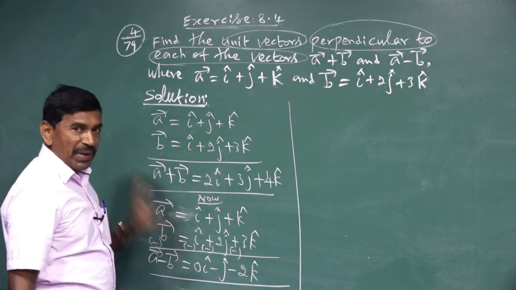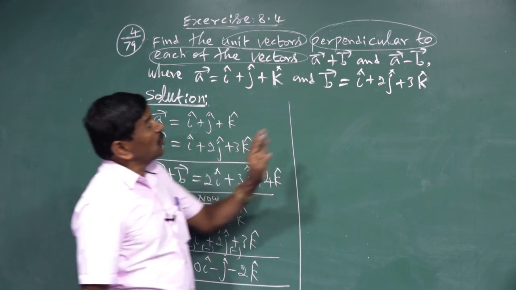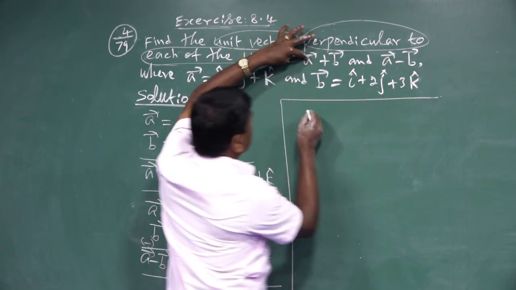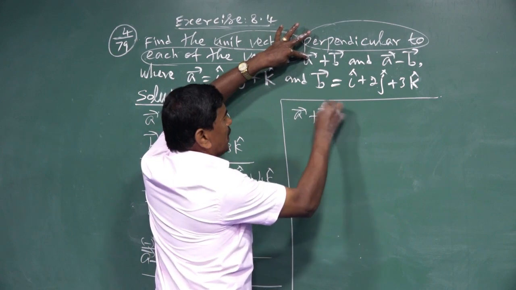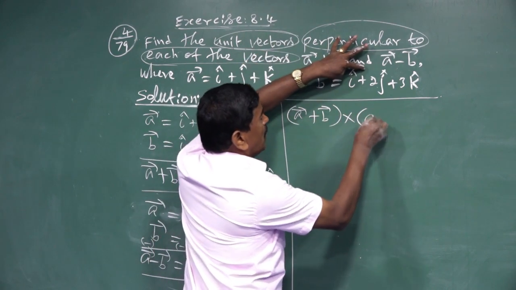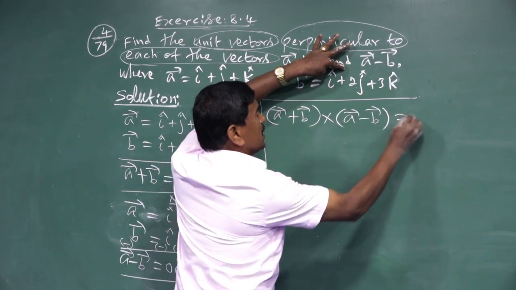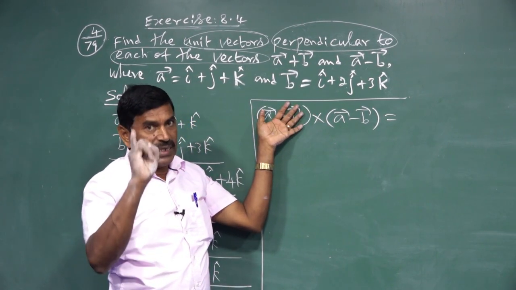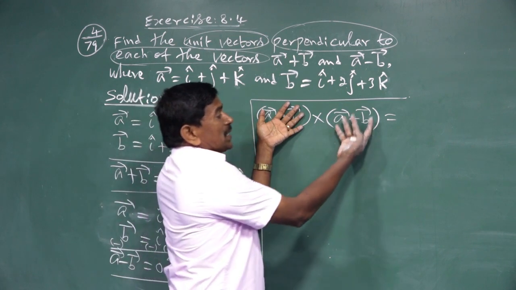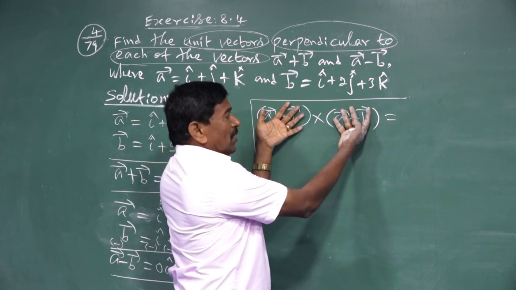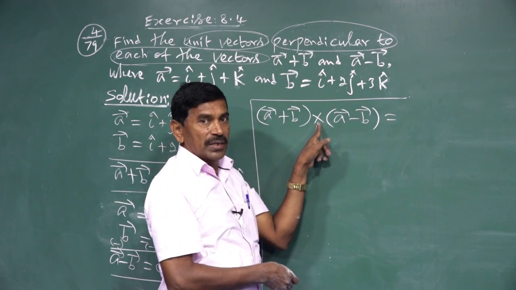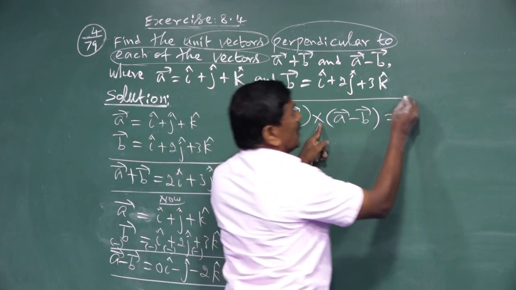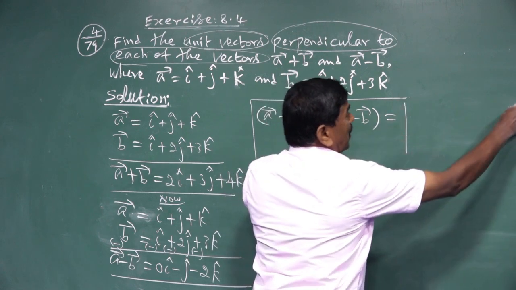Addition, subtraction completed. Now cross product of these two, that means A vector plus B vector cross A vector minus B vector. Consider A vector plus B vector as one vector, A vector minus B vector as the next vector. The middle relation is cross product. If the cross product is defined between the two vectors, its answer is given by the determinant IJK.